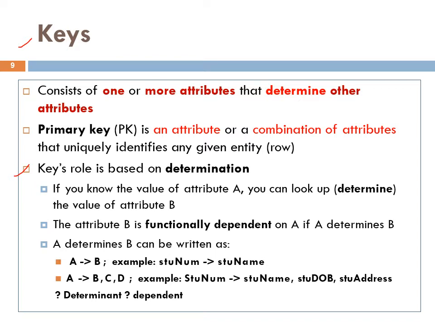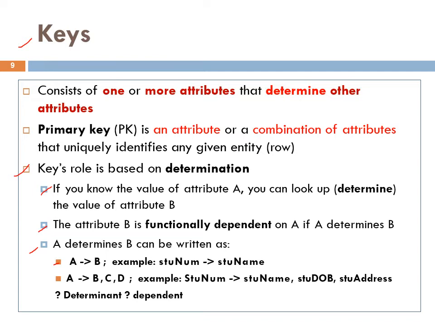So the next one is, attribute B is functionally dependent on A if A determines B. A determines B can be written like this. This is the example: student number can determine a student name.